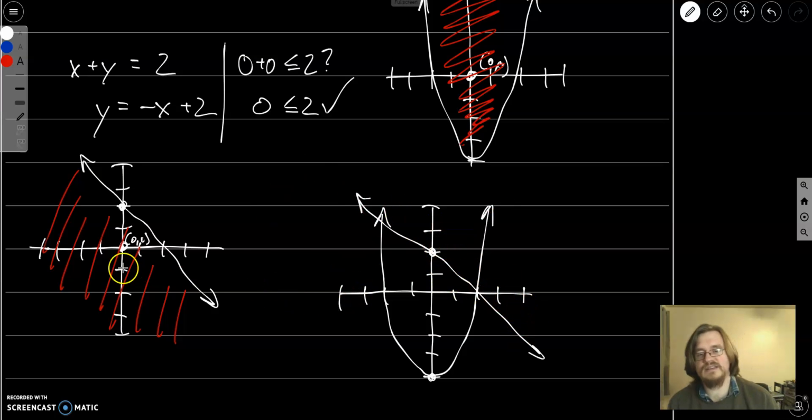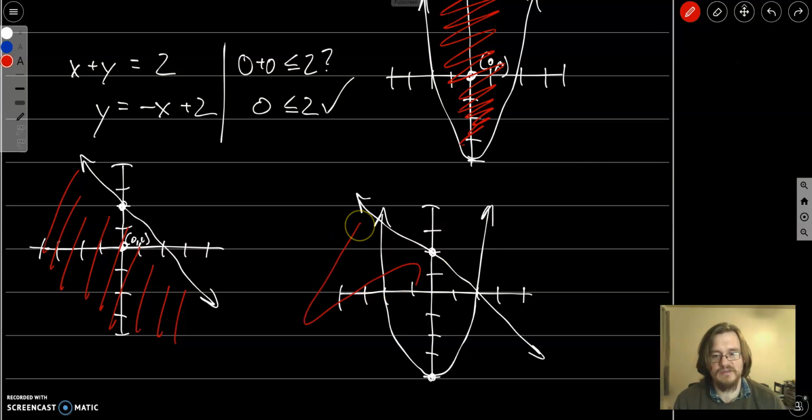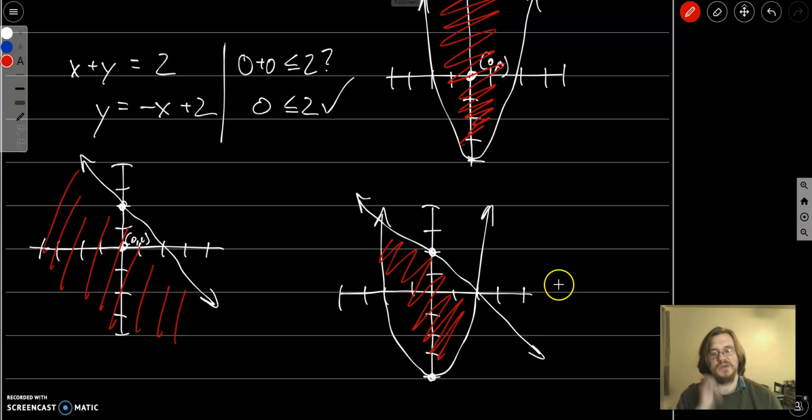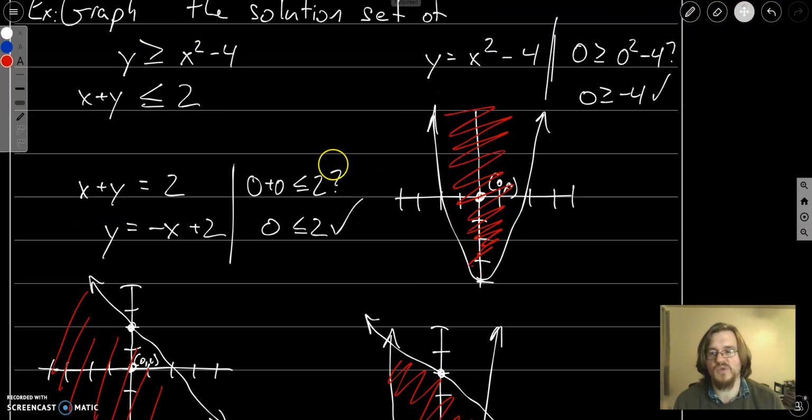So now we have to look to see where these are going to overlap. This line, we want everything below this line. So that would be everything down here. But we don't want it all because we only want stuff that's above our parabola. So this region is above the parabola, and below this line is going to be the stuff that's trapped in between here.